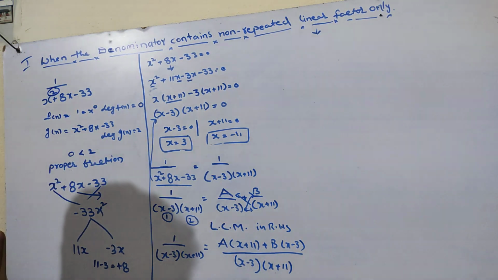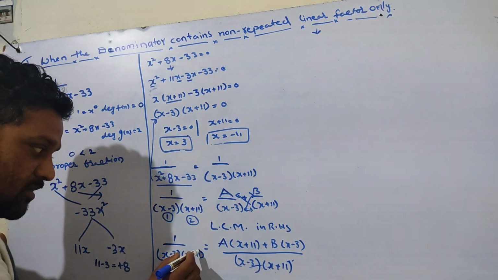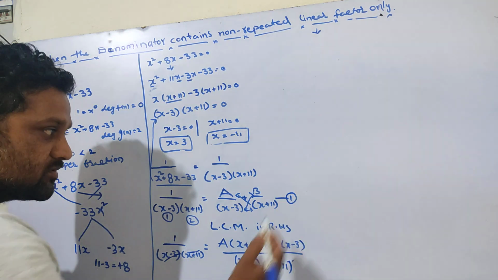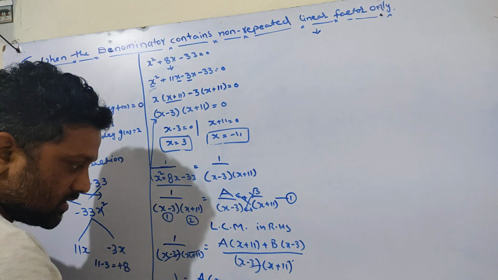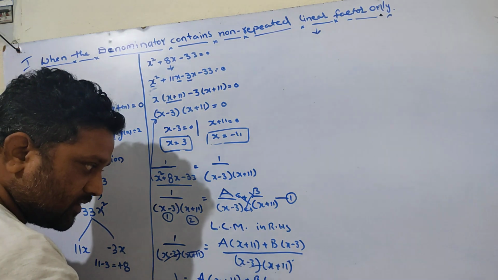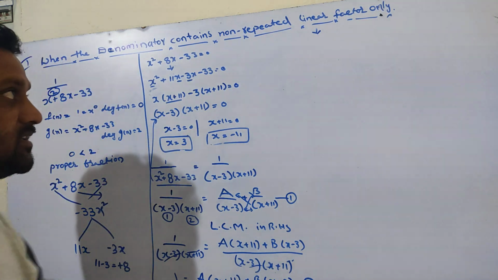After completing the LCM, the LHS denominator and RHS denominator are the same. This is equation 1. Now we get equation 2: 1 is equal to a of (x plus 11) plus b of (x minus 3).